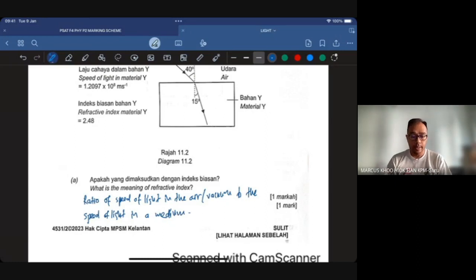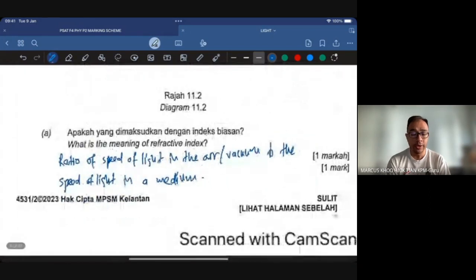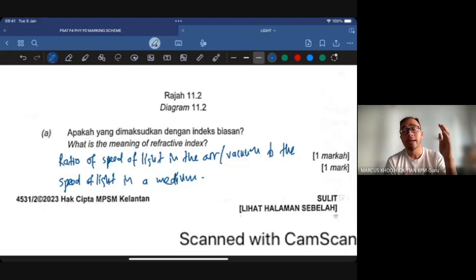Okay, the ratio of speed of light in the air to the speed of light in the medium. This is the official or standard definition.